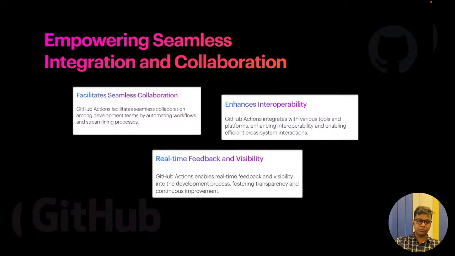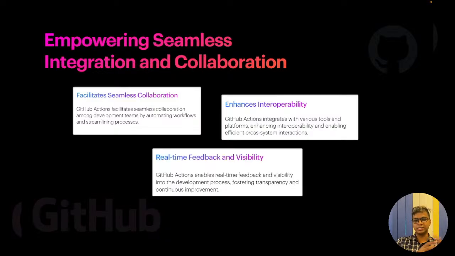Also, real-time feedback and visibility is most crucial for a repo. In open source projects, we can see that many issues are coming in and being resolved, and people are getting noticed as well.